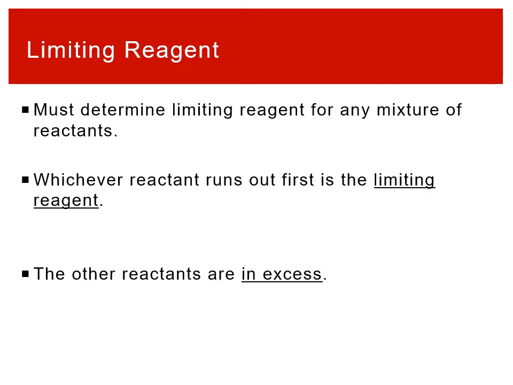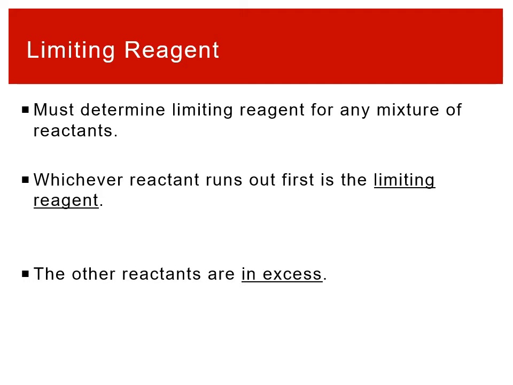So whenever you have a mixture of reactants, which is in every single chemical reaction, you need to figure out what the limiting reagent is. That will run out first. Everything else is said to be in excess. So in excess means you have extra of it. So it was oxygen in that past example. It was bread in the sandwich example, bread and ham, right?